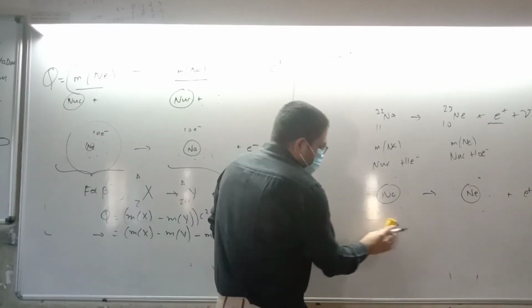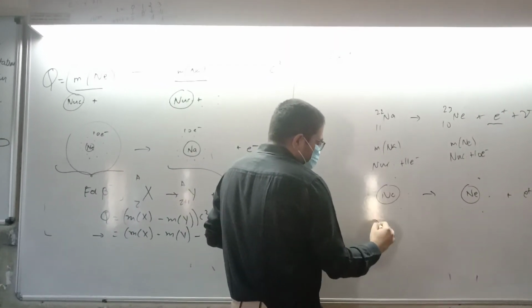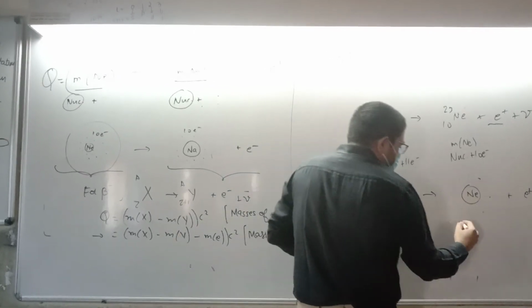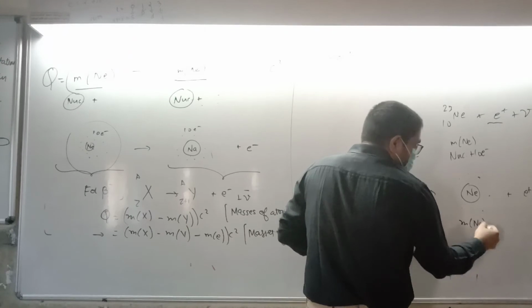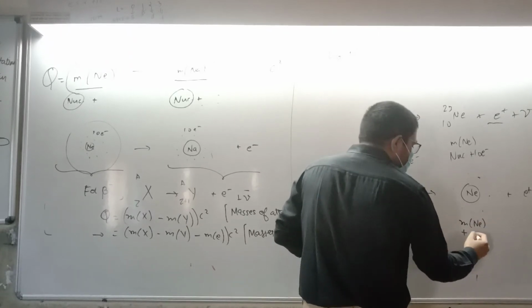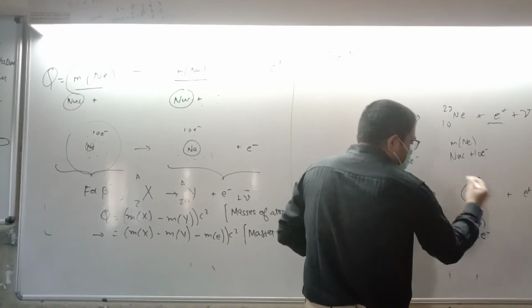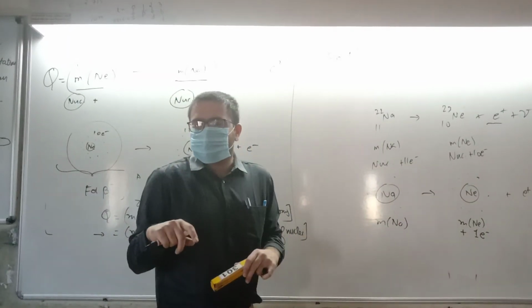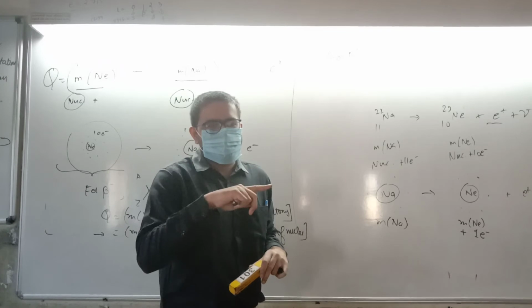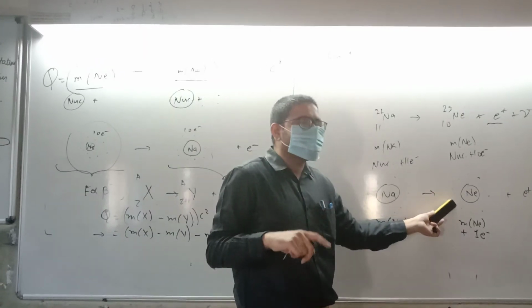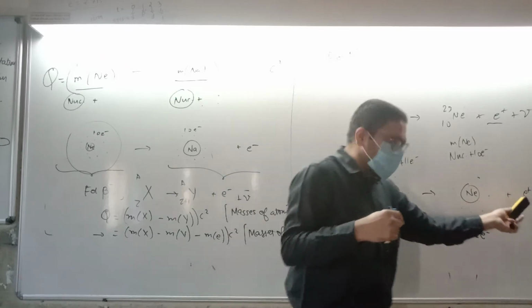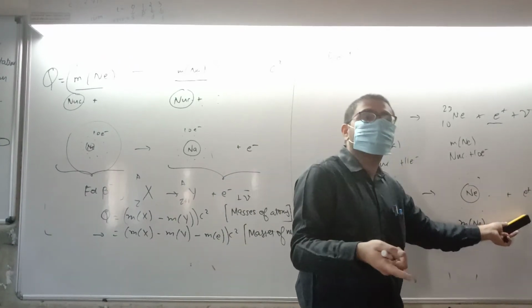If you write, this is nothing but mass of sodium. There is no doubt about it. This is mass of neon atom plus 1 electron. Do you agree? What is the meaning of neon? 10 electrons outside the nucleus, but here there are going to be 11. One extra, so +1, and one more extra +1 again.